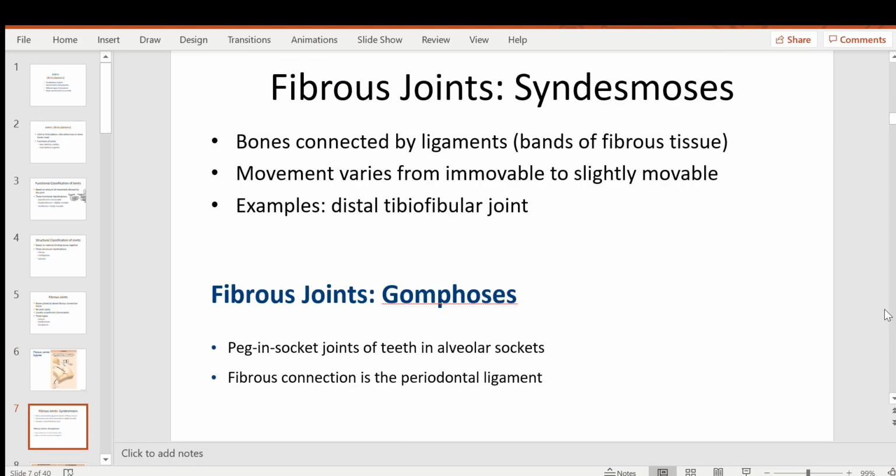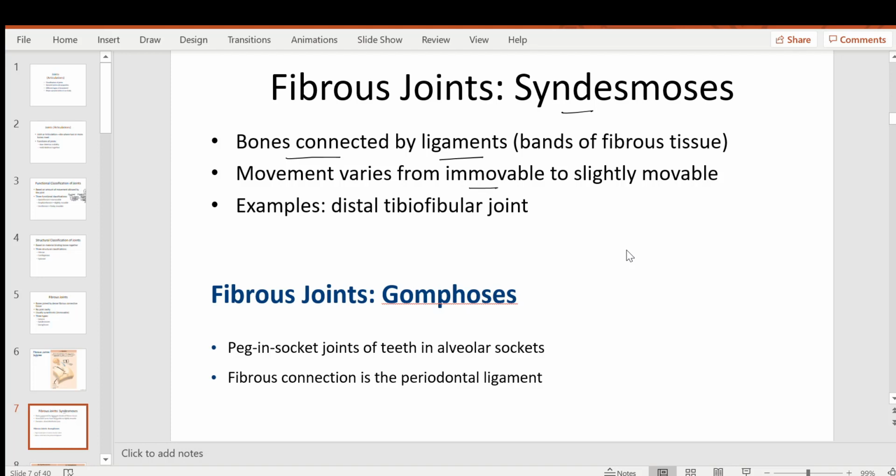Now, another type of fibrous joint is syndesmosis. In syndesmosis, the bones are connected by ligaments, and ligaments are bands of fibrous tissue. The ligaments connect the bones together, and the movement varies.